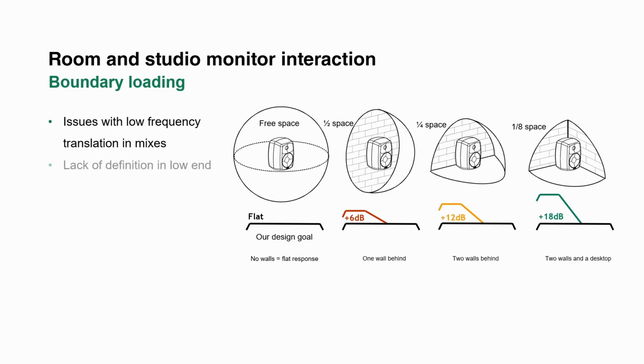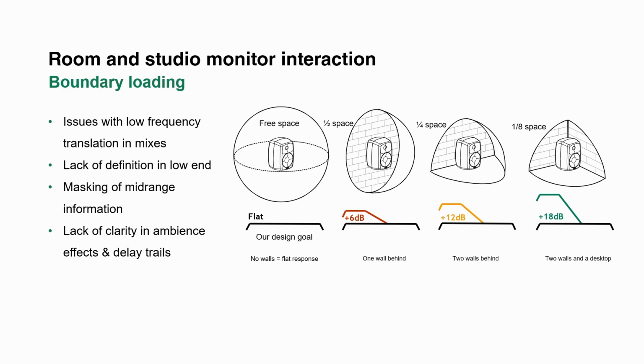We may experience a lack of definition in the low end, so kick drums becoming a little bit wallowy, bass guitars starting to tumble over each other. This may also lead to masking of the mid-range, so vocal information becomes clouded, and also lack of clarity with ambient effects and delay trails.